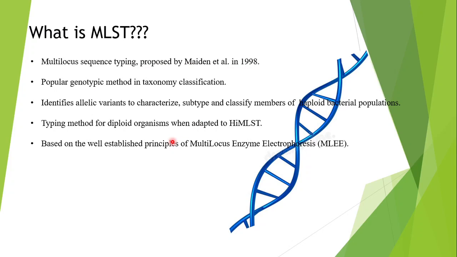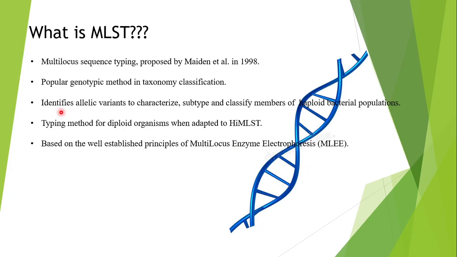It is based on the principle of multi-locus enzyme electrophoresis, but differs in the fact that in multi-locus enzyme electrophoresis, we are analyzing the products encoded by the genes, that is the enzymes, while here in MLST, we are directly using the genes and the necessary variants.